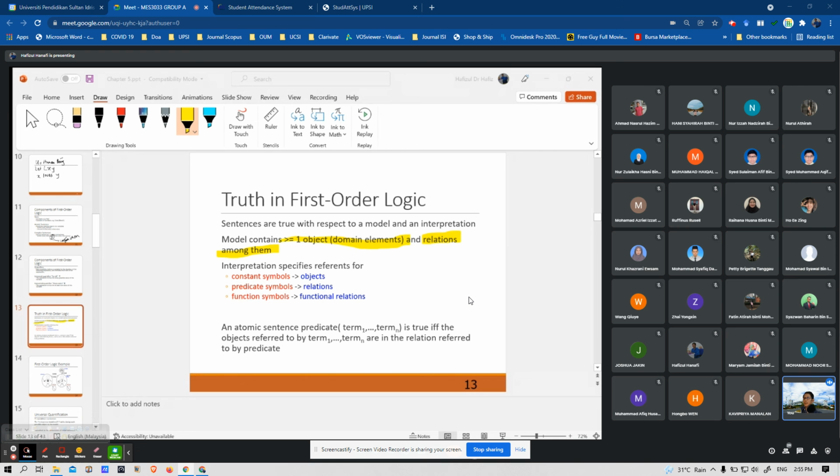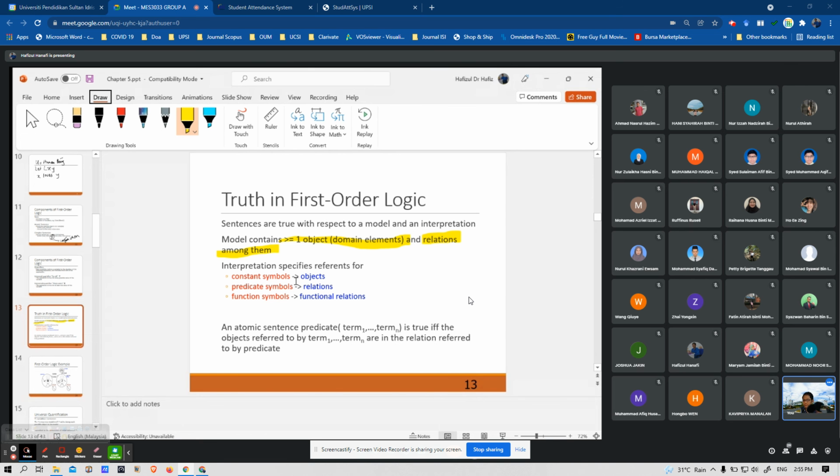Okay, for the interpretation, the symbols of a language: some of them we interpret as constant symbols, some of them we interpret as predicate symbols, and some of them we interpret as function symbols. Okay, for example, we have two unary predicate symbols, fancy and tall.